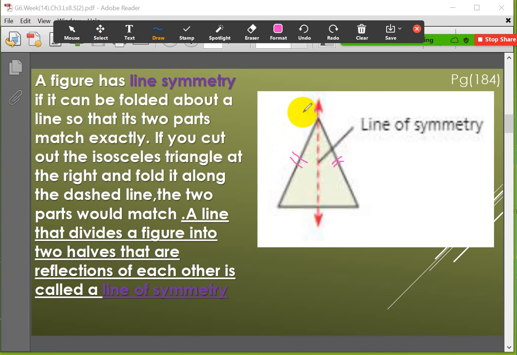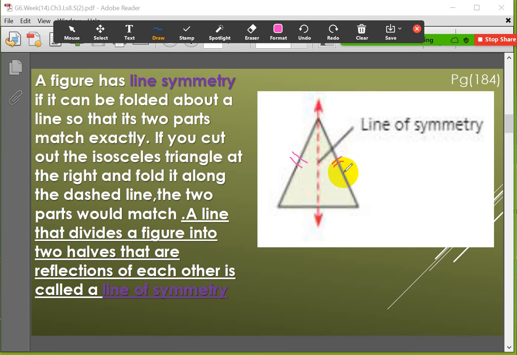So if you cut this figure and both sides are exactly the same, we name this dashed line a line of symmetry.